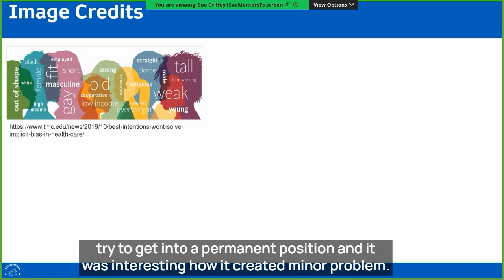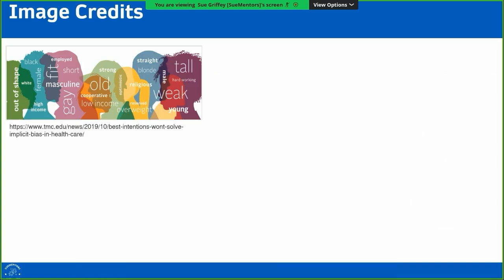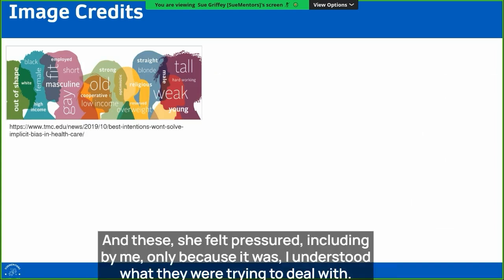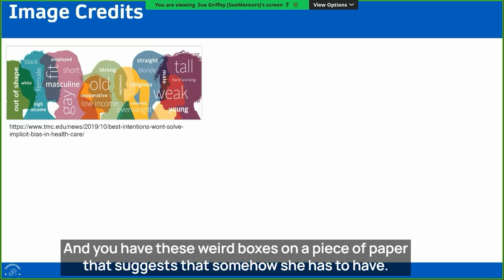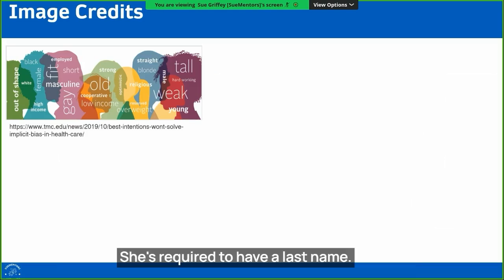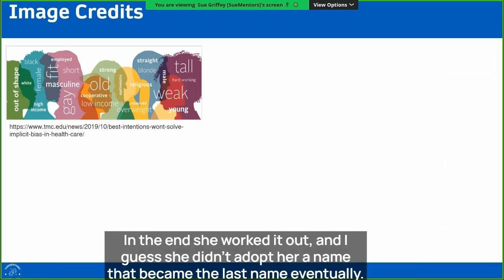It was interesting how it created minor problems, and she felt pressured, including by me, only because I understood what they were trying to deal with, and you have these weird boxes on a piece of paper that suggest that somehow she's required to have a last name. In the end, she worked it out, and I guess she did adopt a name that eventually became the last name.